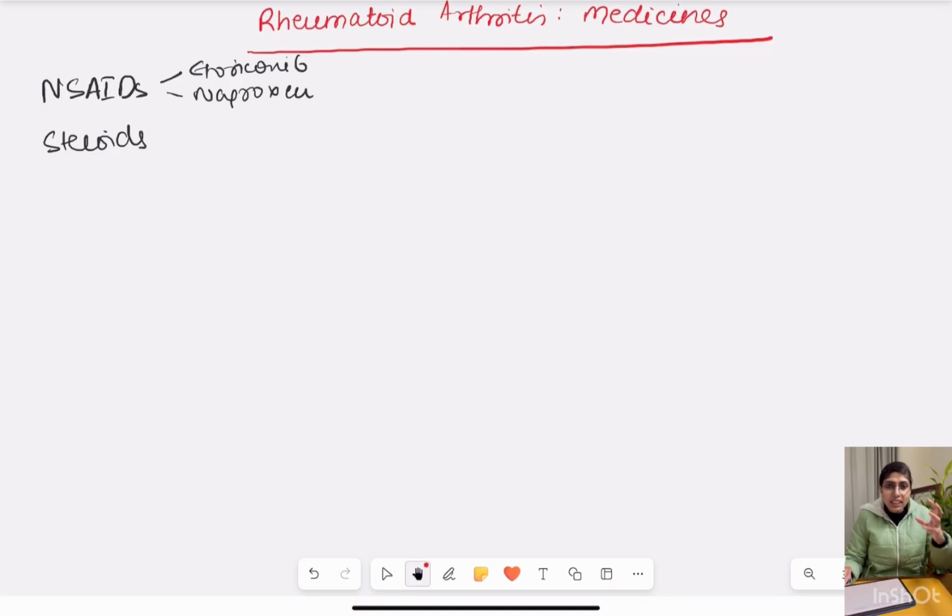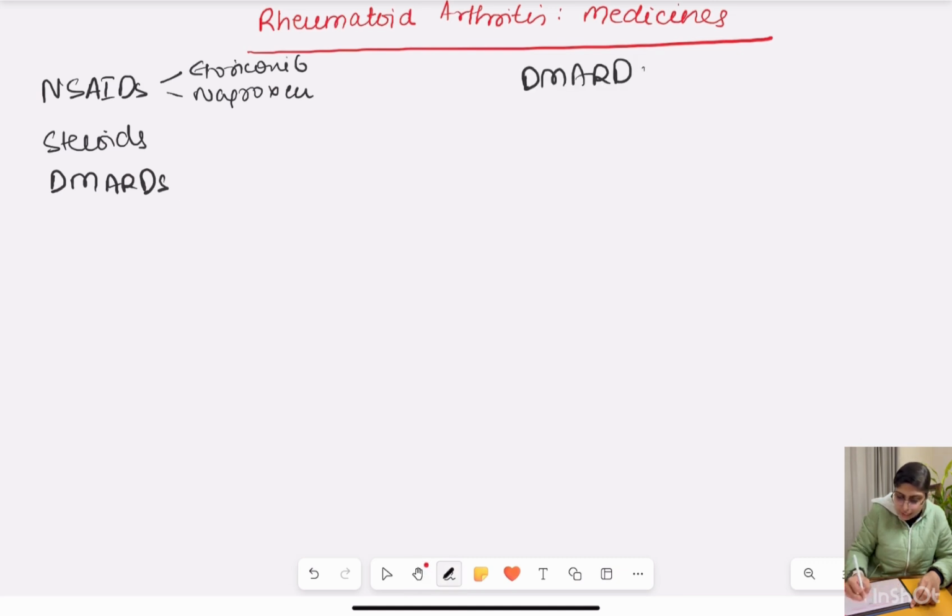They change a diseased joint into an almost normal joint, and that's why they are known as DMARDs, that is disease modifying anti-rheumatic drugs.